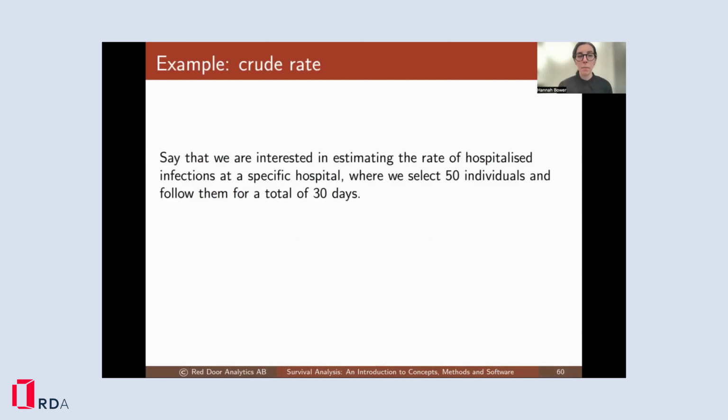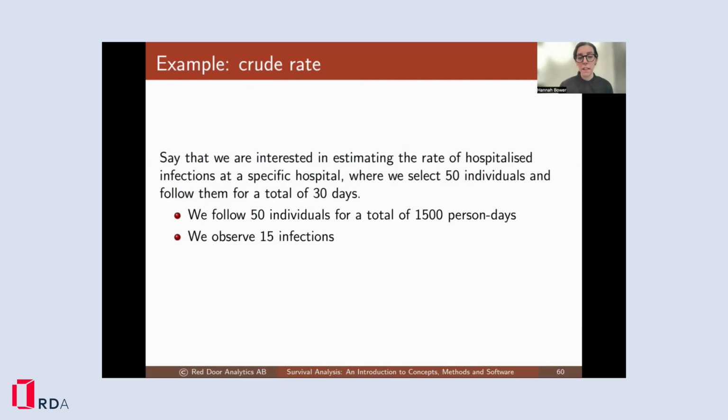Let's look at an example of calculating a crude rate. In this example, we are interested in estimating the rate of hospitalized infections at some specific hospital, where we select 50 individuals and we follow them for a total of 30 days. So we have our 50 individuals. If we follow them for 30 days, then we have a total of 1,500 person days. That's our total time at risk.